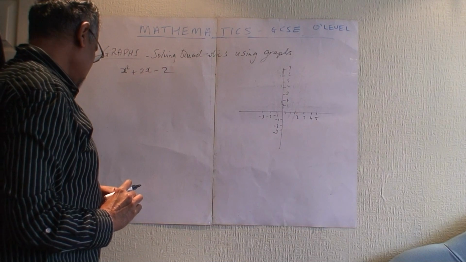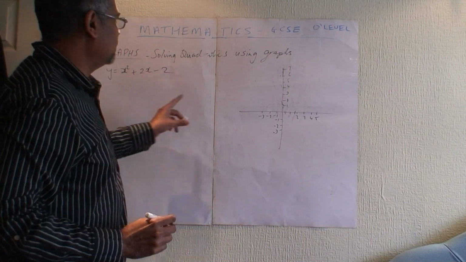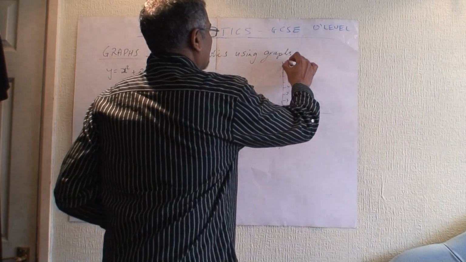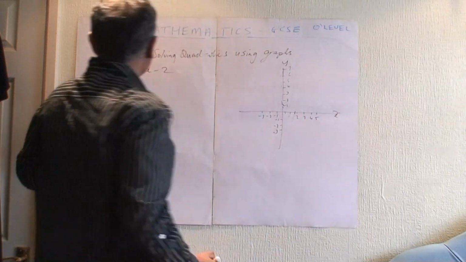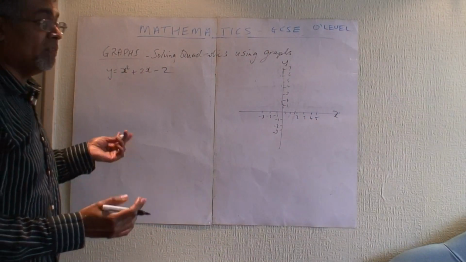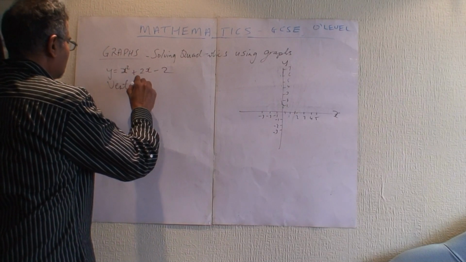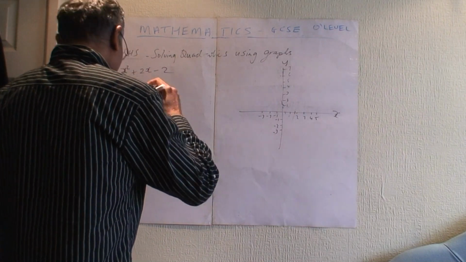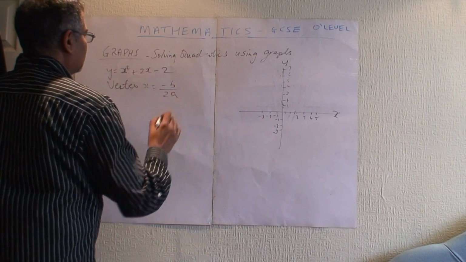Okay, and we say y is equal to this because we want to solve it using the graphs with y and x axis. Okay, we find the vertex again. Vertex, and the vertex is x is equal to minus b divided by 2a.